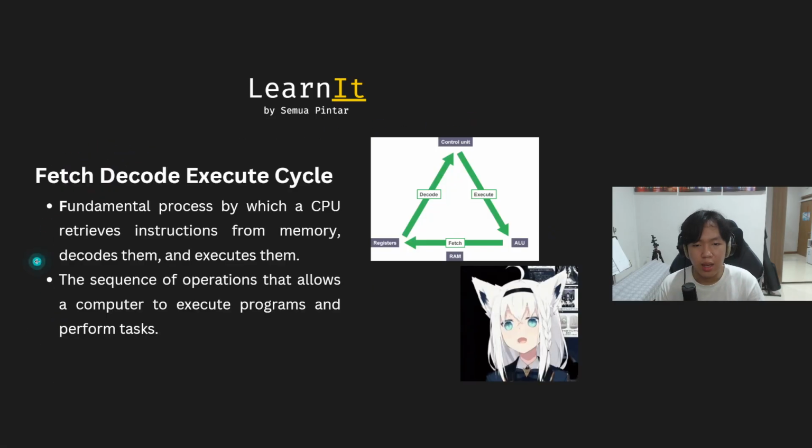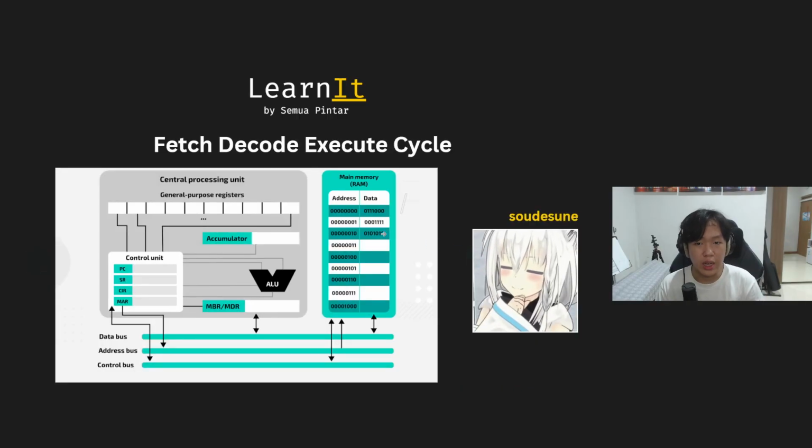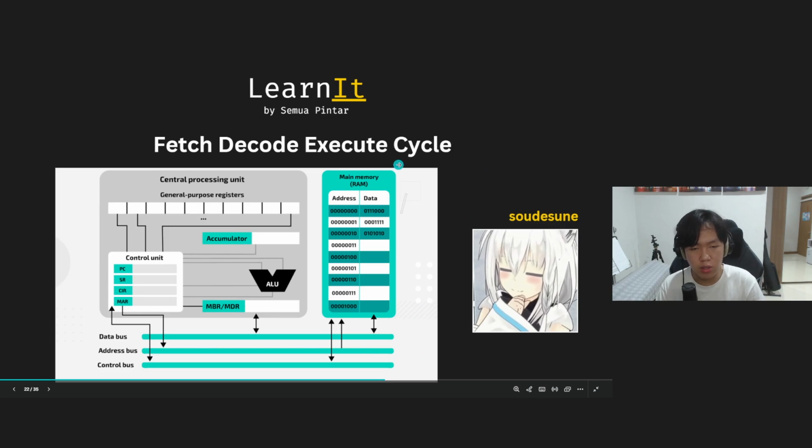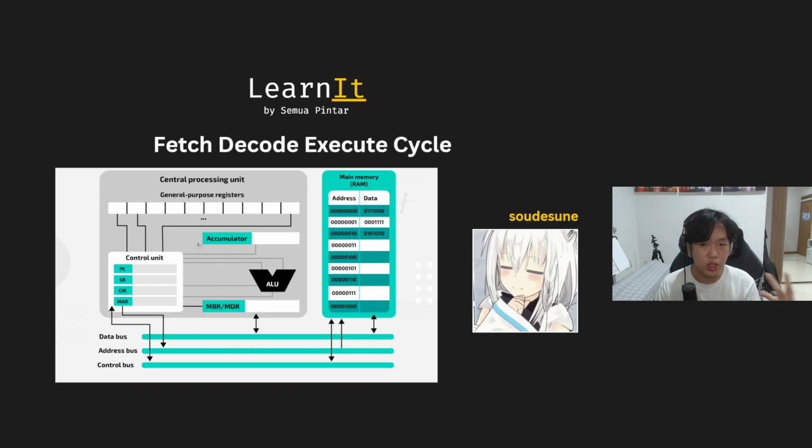Try to fully understand and grasp this diagram right here. If you're able to follow through the arrows and fully understand the logic behind how the cycle can process information, then you guys are set.